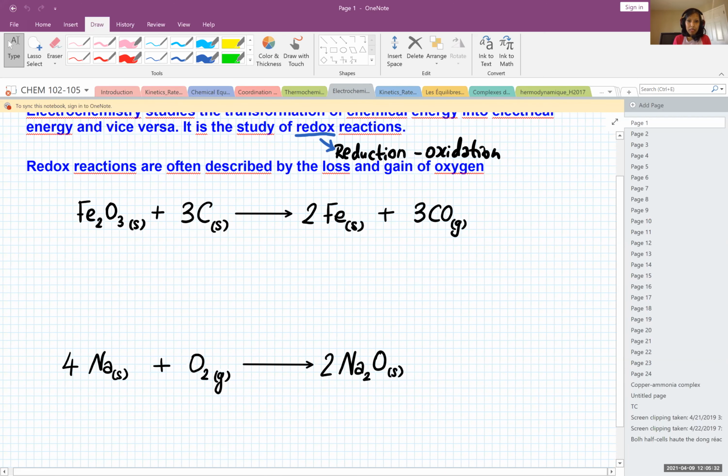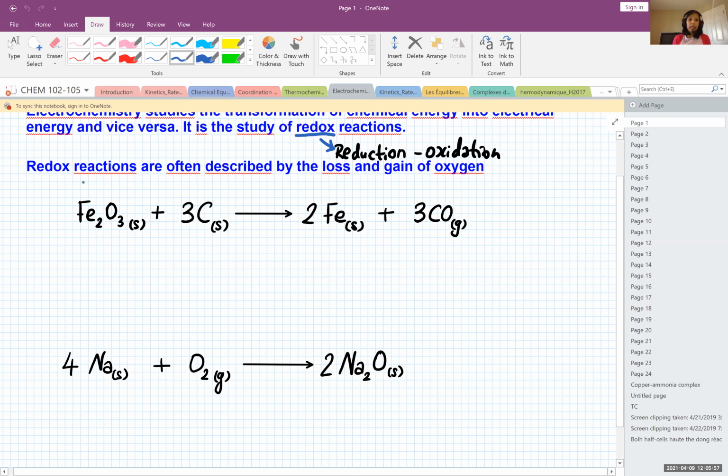We cannot say, for example, here's a chemical reaction and it is a reduction reaction. That is incorrect. If a reduction has happened, oxidation has happened as well. They go hand in hand. Both oxidation and reduction take place in a given reaction. That's why we call these reactions redox reactions.